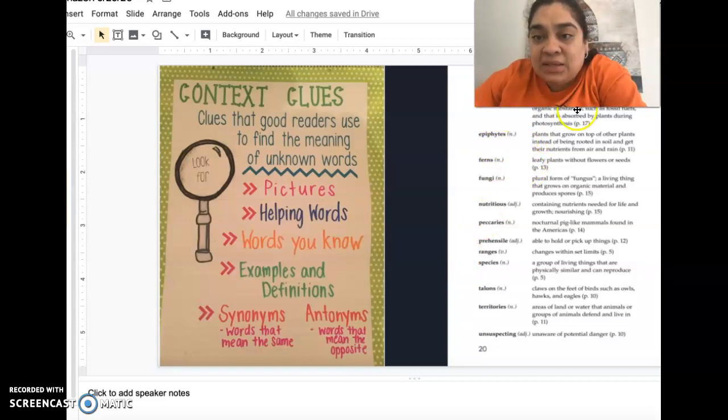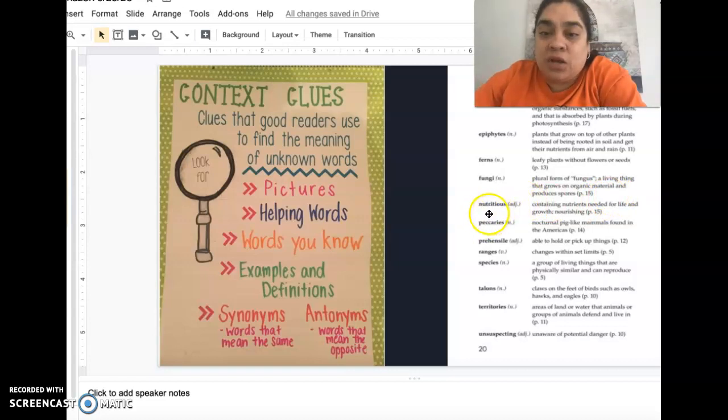Carbon dioxide is an invisible gas. Epiphytes are plants that grow on top of other plants instead of being rooted in soil, and get their nutrients from the air and rain. Ferns are leafy plants without flowers or seeds. Fungi, plural form of fungus, is a living thing that grows on organic material and produces spores.